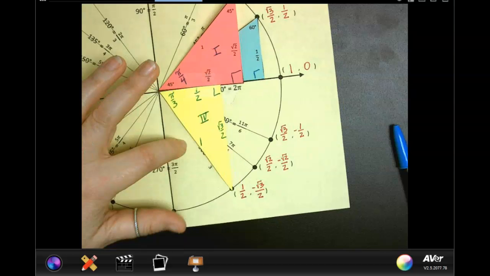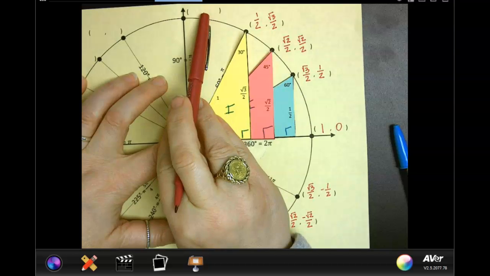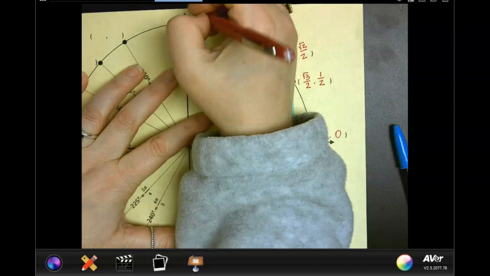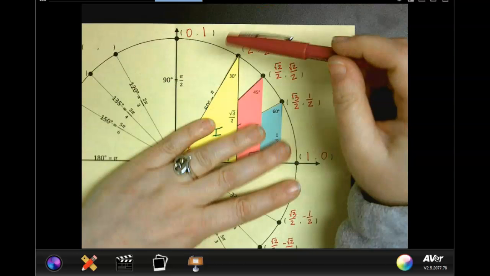Okay. Then I'm going to reflect it back up into the first quadrant. Now what is this ordered pair right here? 0, 1. Okay.